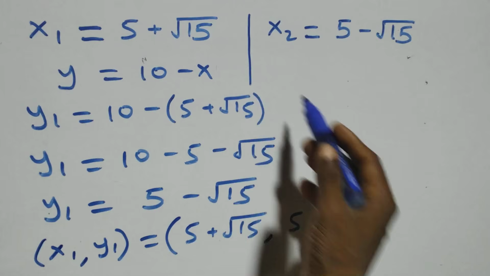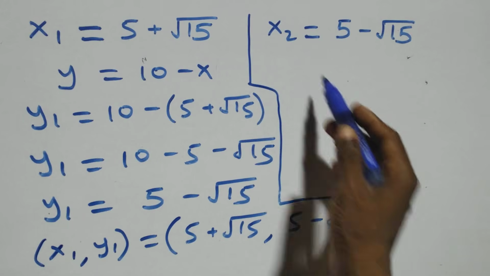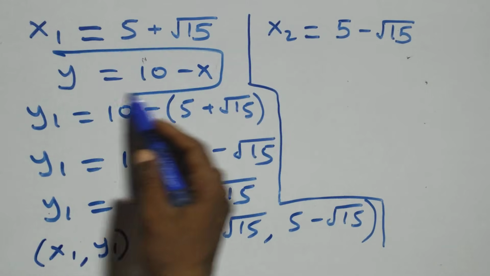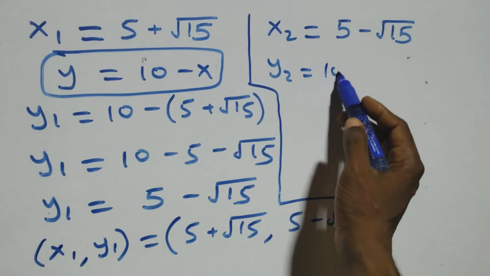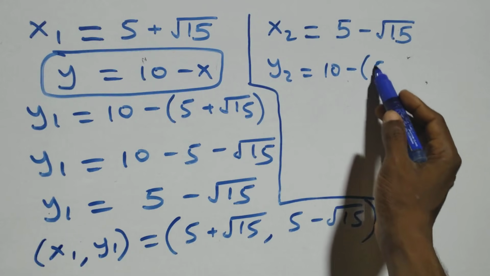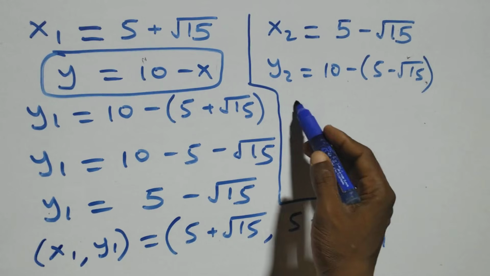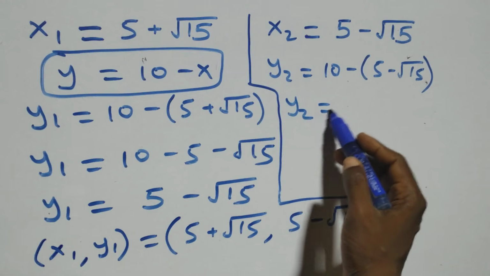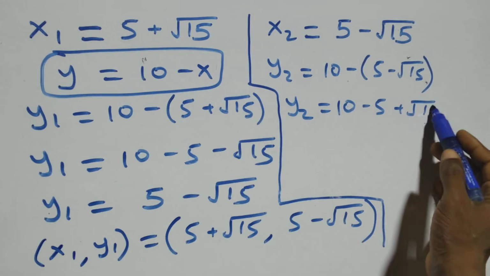Then also to calculate the value of y2, we use the same relation, and we have y2 equals 10 minus x2, which is 5 minus root 15. This minus, opening this bracket, we have y2 equals 10 minus 5 plus root 15.